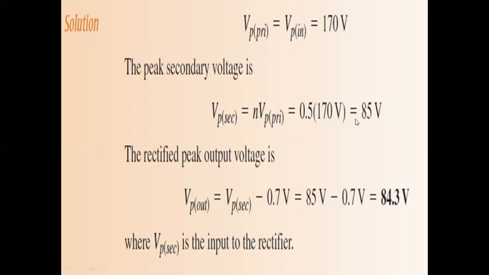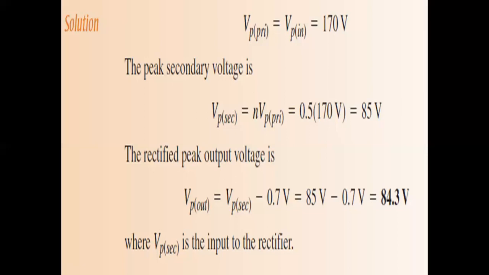So V2 I can calculate, which equals 0.5 into 170 volt, which is nothing but 85 volt. This transformer is used to step down the input voltage. 170 volt input voltage is stepped down to 85 volt.